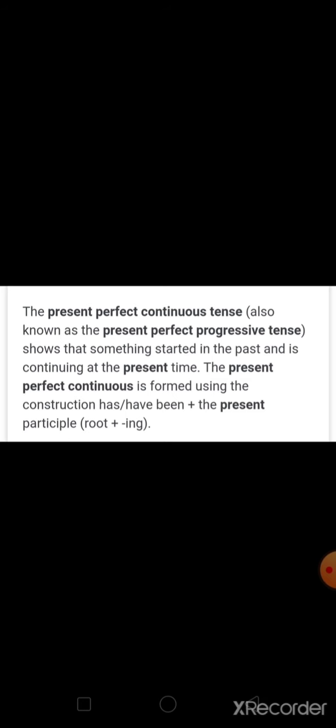It shows that something started in the past and is continuing at the present time. Means some action which has started in the past and is still continuing at the present time. The present perfect continuous is formed using the construction has or have been plus the present participle, that is root form plus ing. Okay?